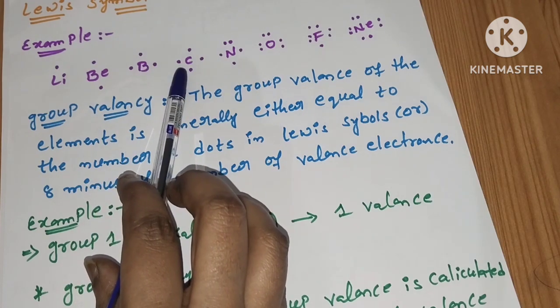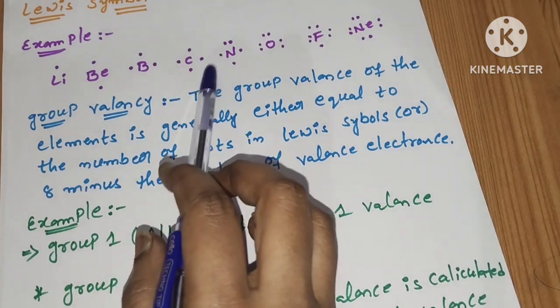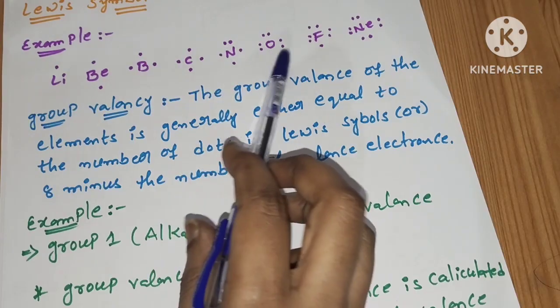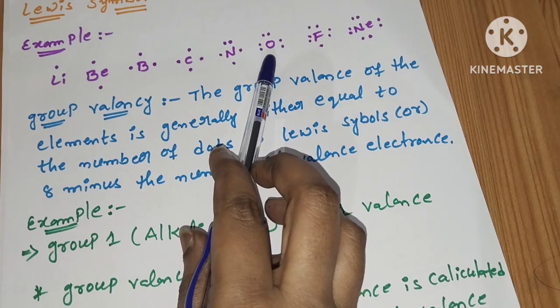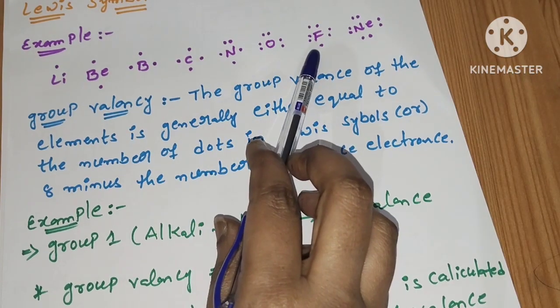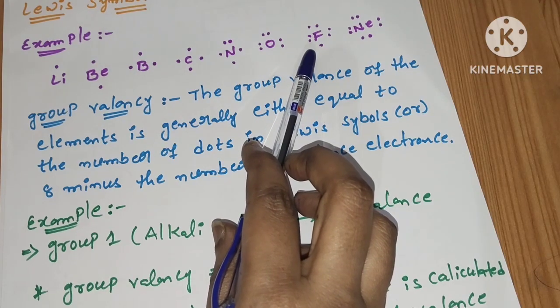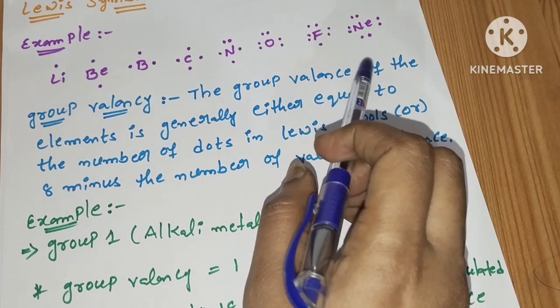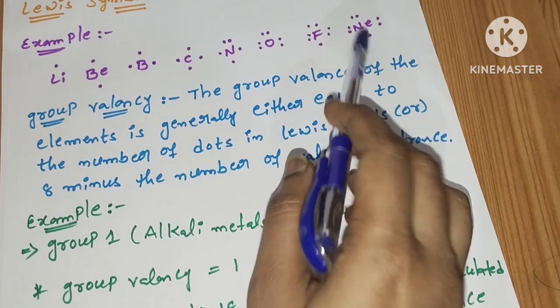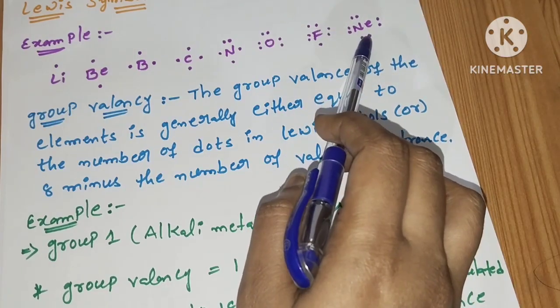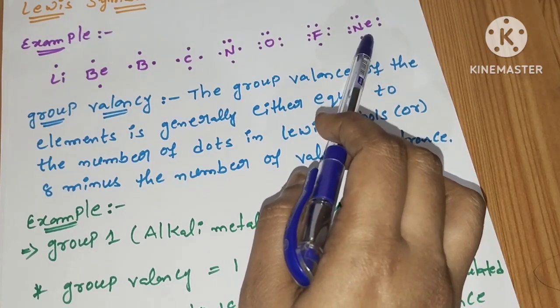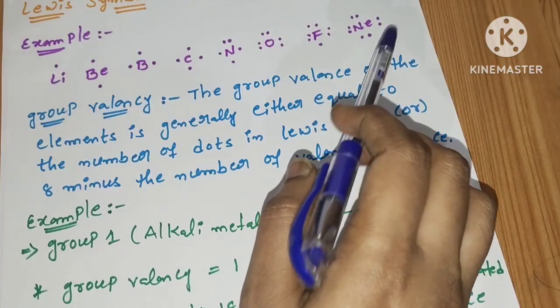Then carbon has 4, nitrogen has 5, oxygen has 6 and fluorine has 7 electrons in its outermost shell. And all the noble gases have 8 electrons in the outermost shell. So the Lewis symbol represents 8 dots.